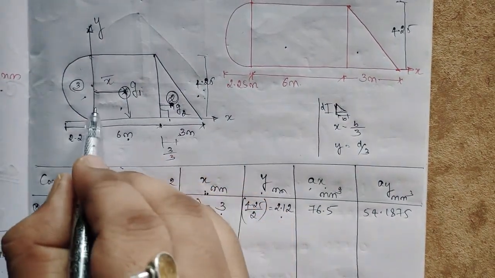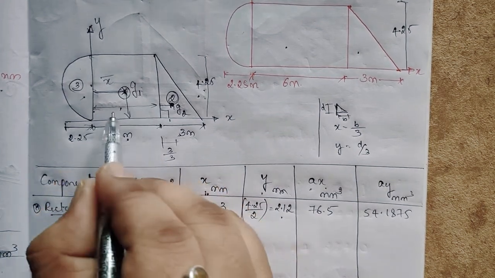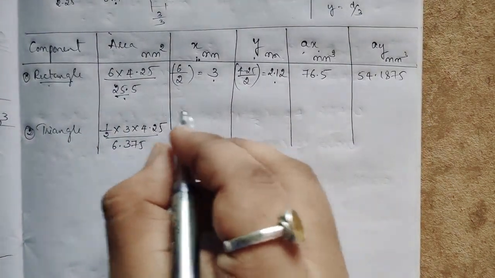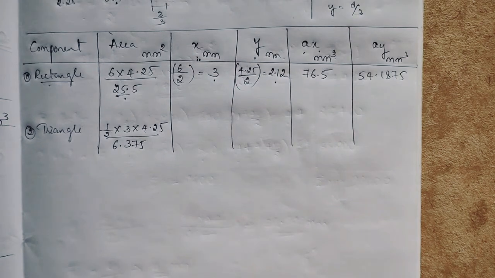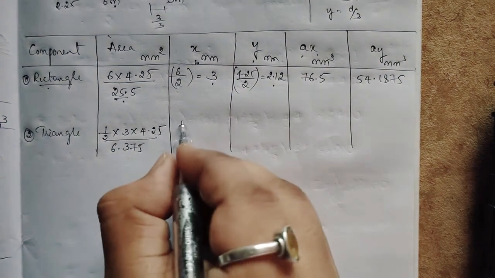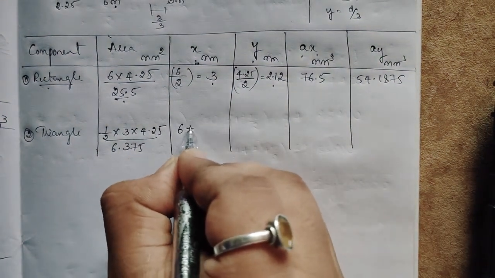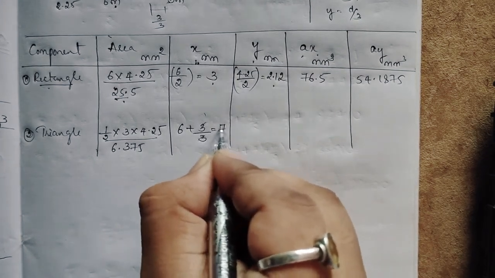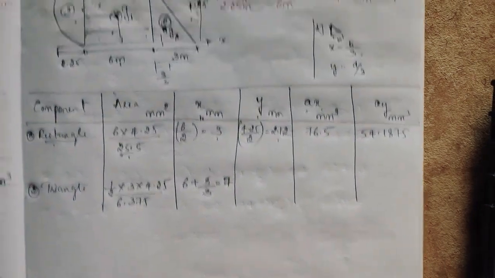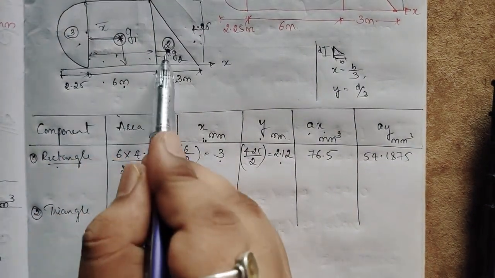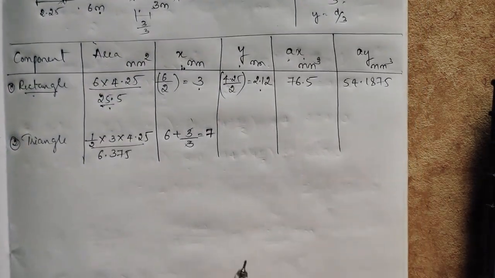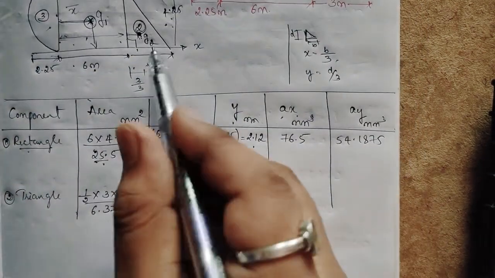So I'll take this 6 plus this b by 3. So the value of x is 6 plus 3 by 3, it is 7. So 6 plus 3 by 3 is the x distance of G, it is 7.